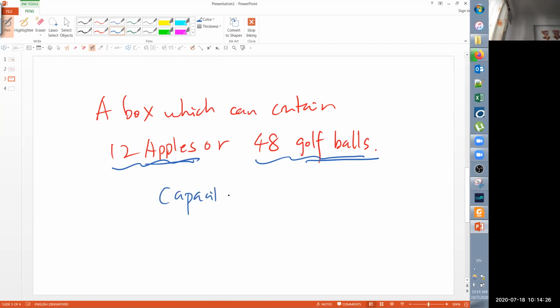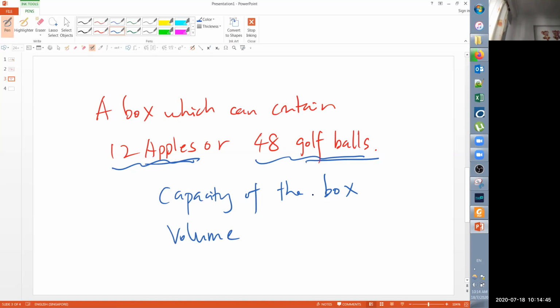You know what's the meaning of capacity of the box? They are telling you the volume of the box. That's what the question wants to tell you. It has nothing to do with whether we mix apples and golf balls together.